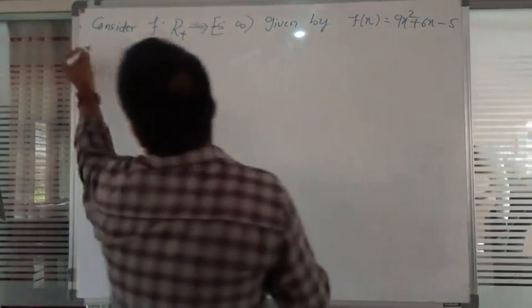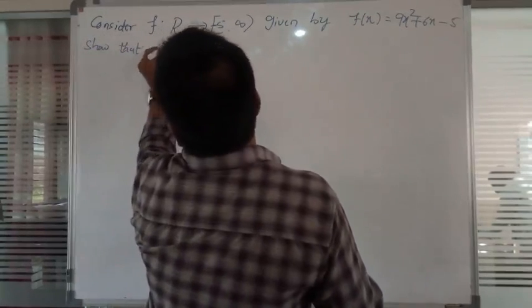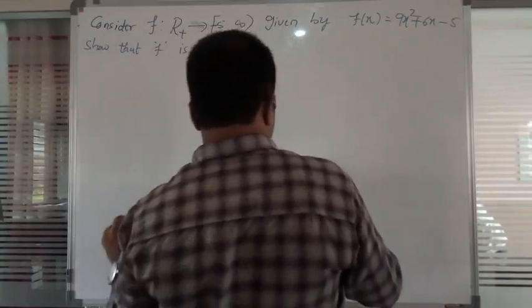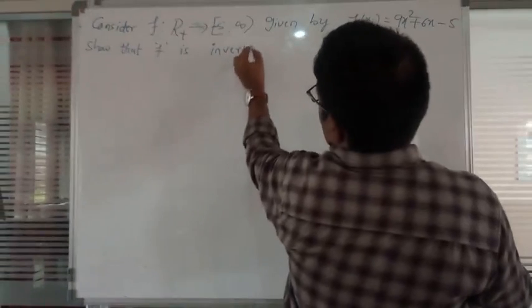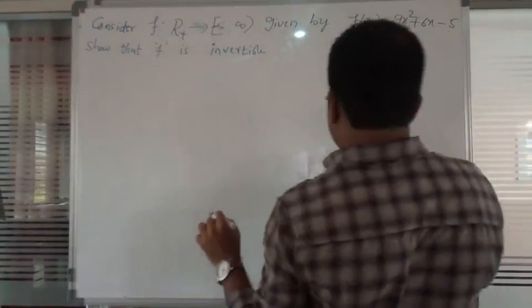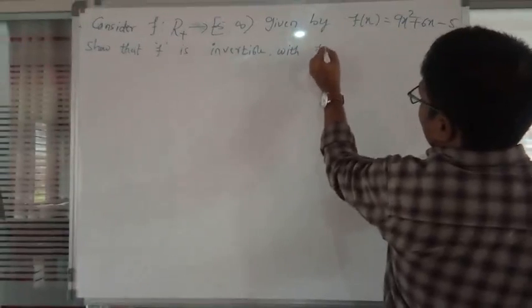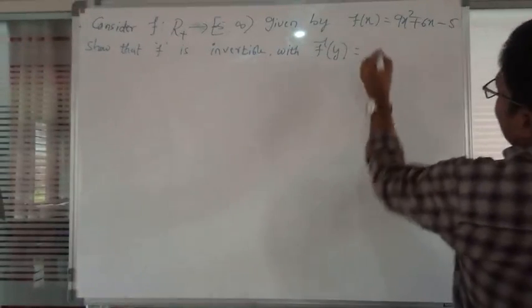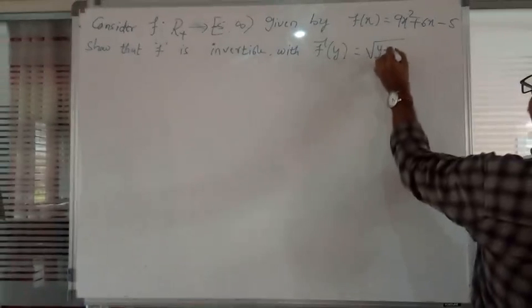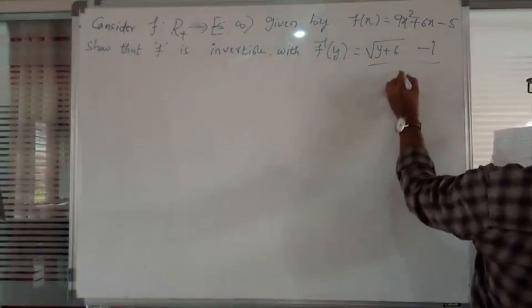Show that f is invertible with f inverse of y equal to root of y plus 6 minus 1 divided by 3.